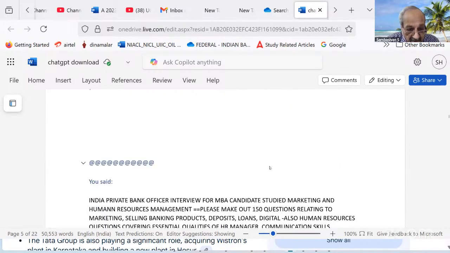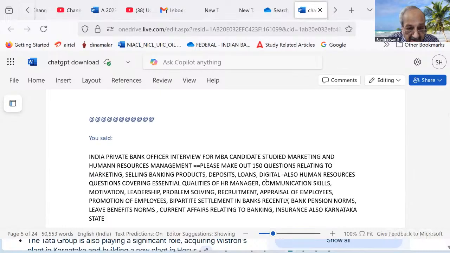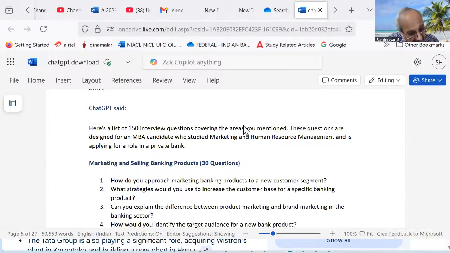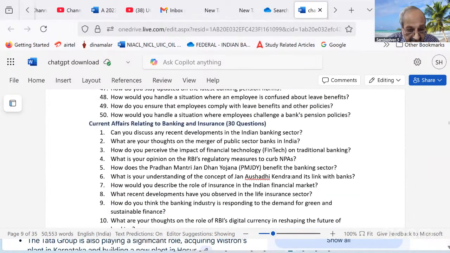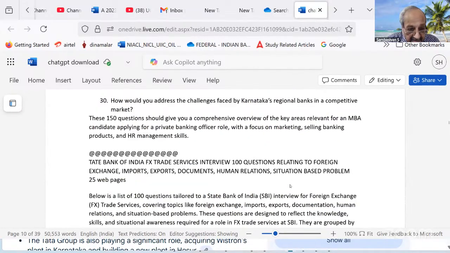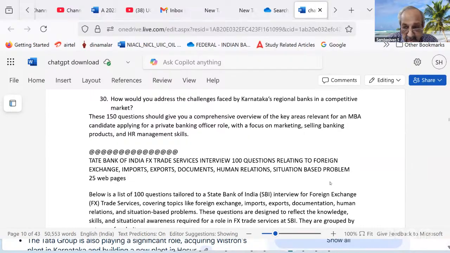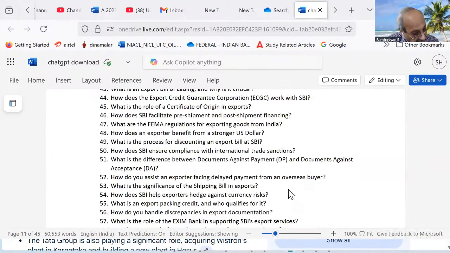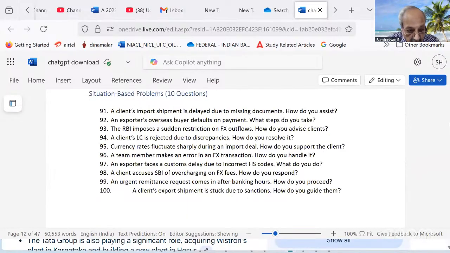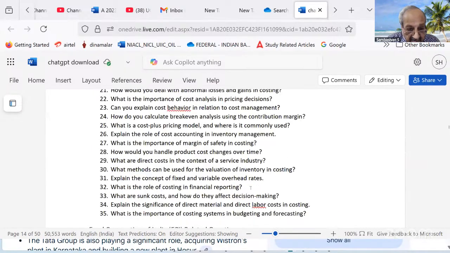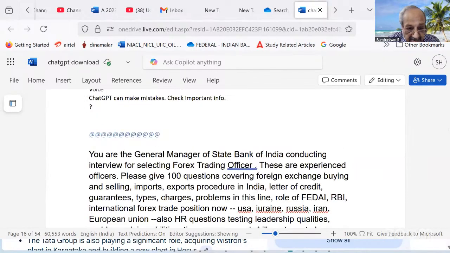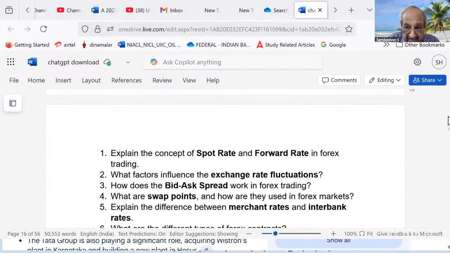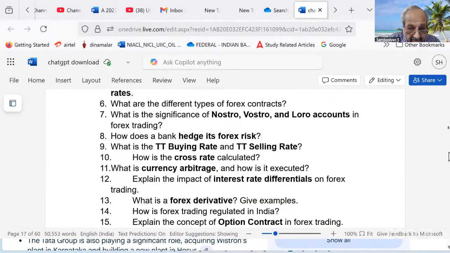Then Indian private bank officers interview for MBA candidates. So many questions. Then State Bank of India for FX trade services interview, 100 questions. But this may not be relevant for you because you are not appearing for that one. Then this is for Forex trading officers, not relevant for you.